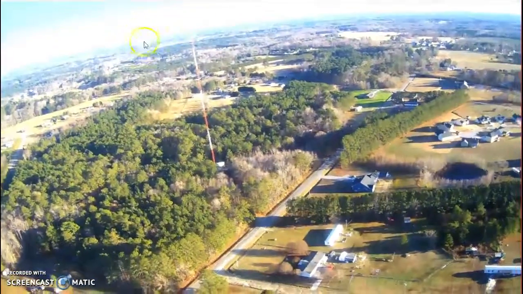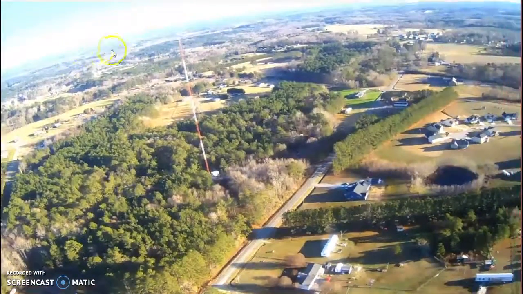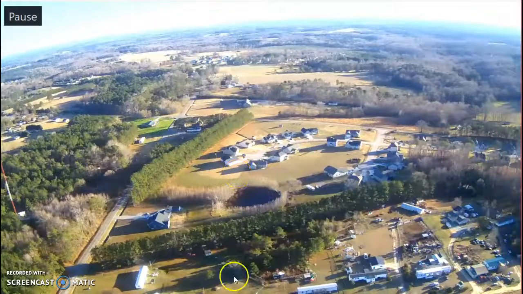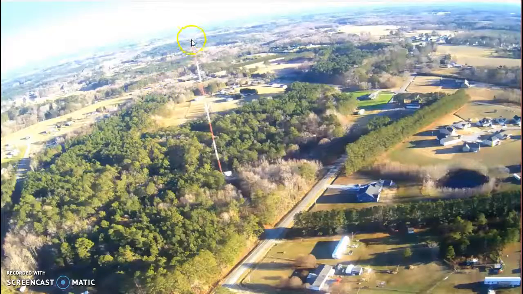Okay, this is where the camera has been adjusted to look further down. We'll stop right here. Right here, the top of the cell tower has cleared the horizon.